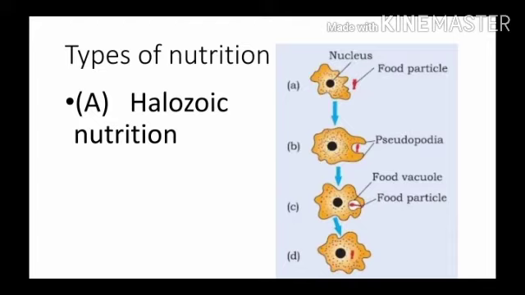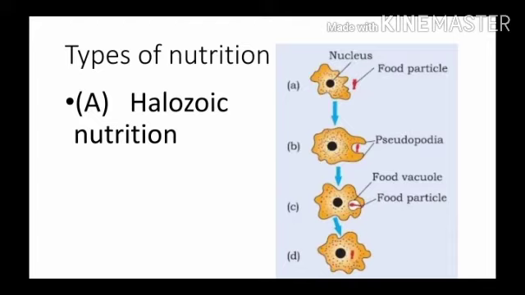Can you tell how ingestion occurs in unicellular animals like amoeba? Amoeba does not have organs like hands and mouth. It is a unicellular animal, meaning it has only one cell. It can take in food through any part of the surface of its body. It surrounds the food particles from all sides to take them into the cell.